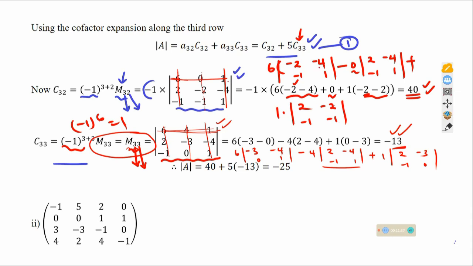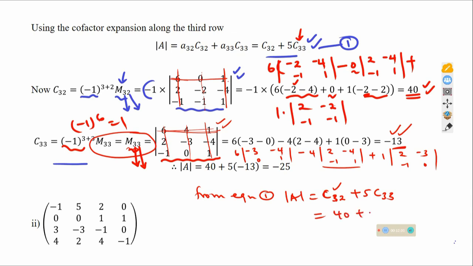So what do you realize from equation number 1? From equation number 1, where we said our determinant of A is basically 3 of C of 3, 2 plus 5 of C 3, 3, you already have the cofactor of 3, 2, which you got as 40.